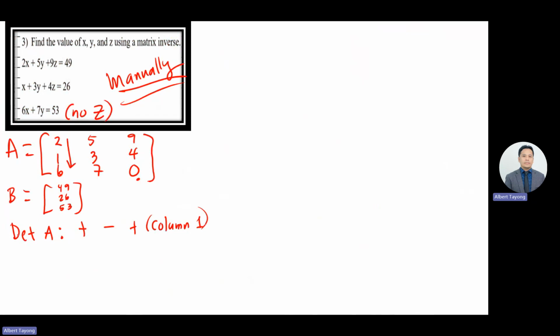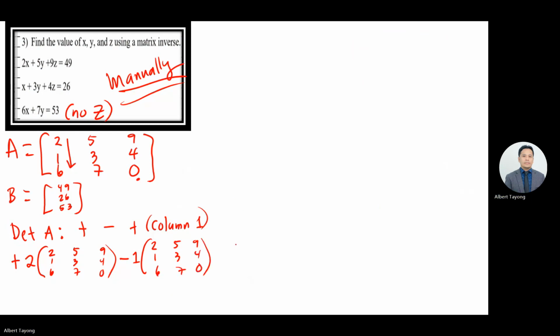So we have to start with plus 2, open and close, because we have 2 there as the first number and the sign is positive. So we copy the whole matrix 216, 5, 3, 7, 9, 4, 0. Then minus, second sign minus 1, copy the whole matrix 2, 5, 9, 1, 3, 4, 6, 7, 0. Then the last is plus 6.